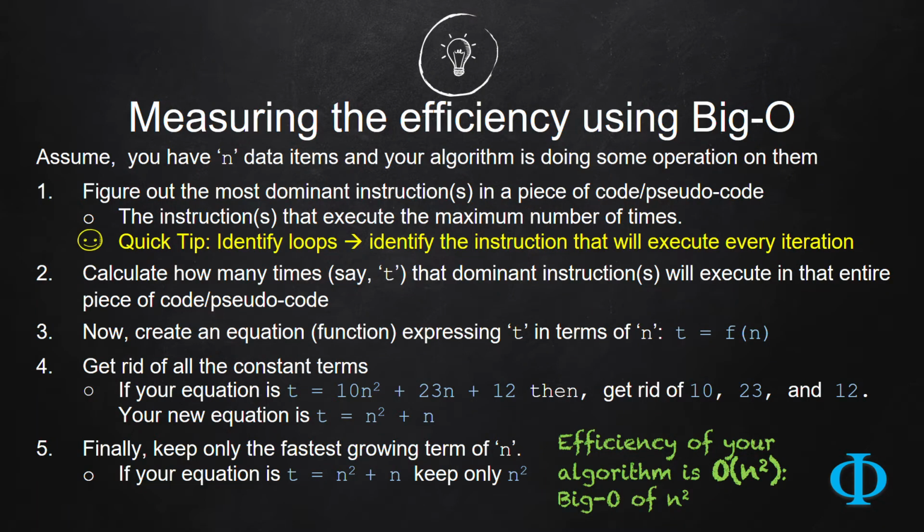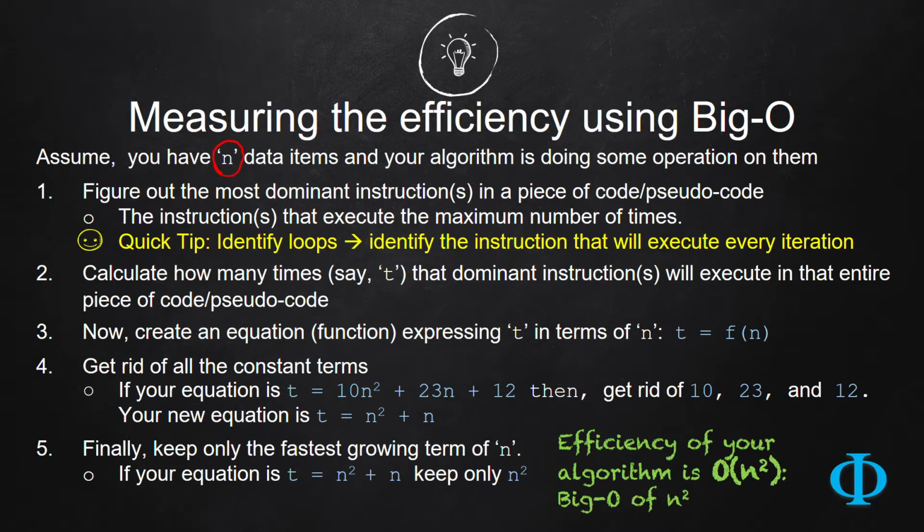Now let us try to figure out how to measure the efficiency or time complexity using Big O notation. In order to do that, we will assume that we have n number of data items with us and our algorithm is doing some operation on them.